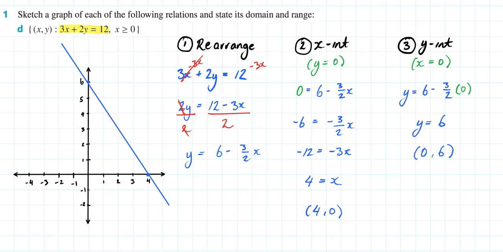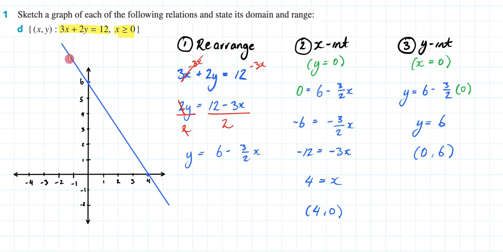But we need to take into account the fact that we're told that x is greater than or equal to 0. So that means what I've done is restricted my domain. My domain is where x is greater than or equal to 0. So that means I'm going to have no negative x values.